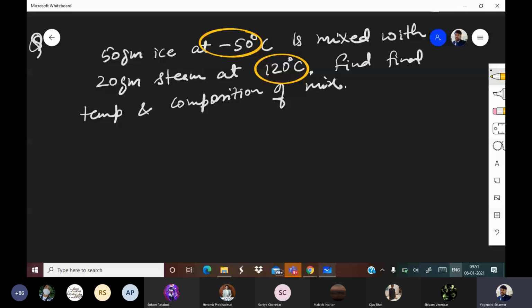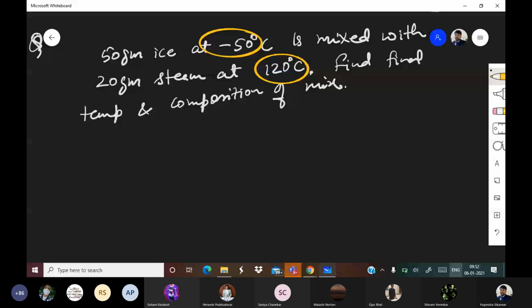Now, as your answers are talking about steam or 110 degrees Celsius, I think you must have realized that the airport we should choose is 100 degrees Celsius. So let us first bring everything to 100 degrees Celsius of water and see what the scenario is. Do we have extra heat or less heat?